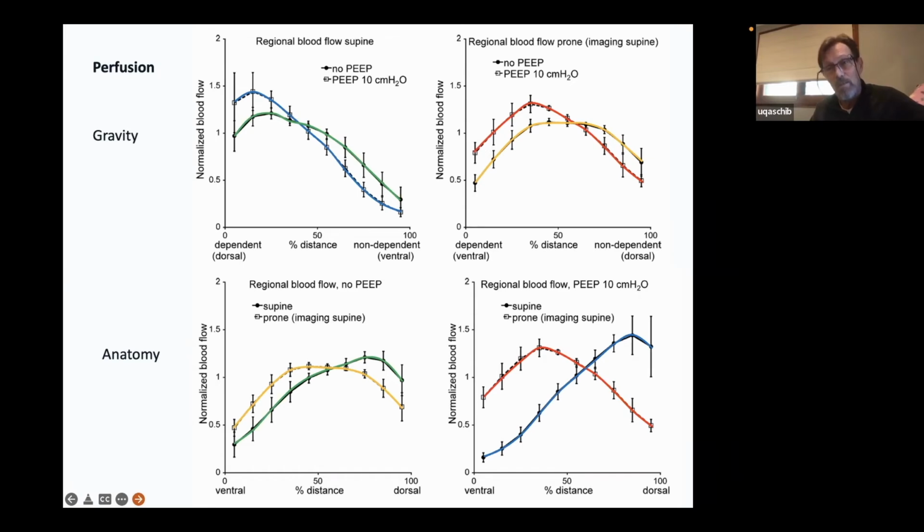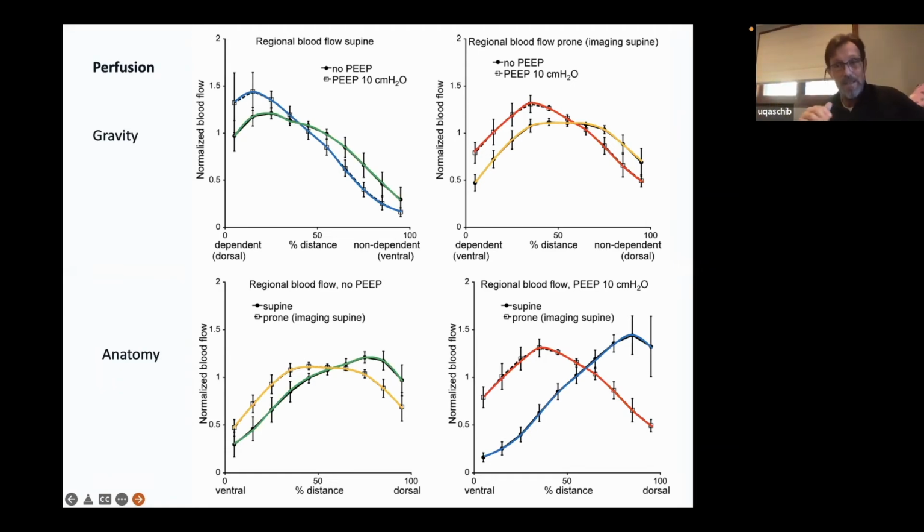So it gets quite complicated. We have a position-dependent ventilation distribution, a position-dependent perfusion of the lung, and a PEEP dependency. Now you can imagine that within an individual patient who has consolidation in certain parts of the lung, that may be on the right side, the left side, the anterior aspect or the posterior aspect.